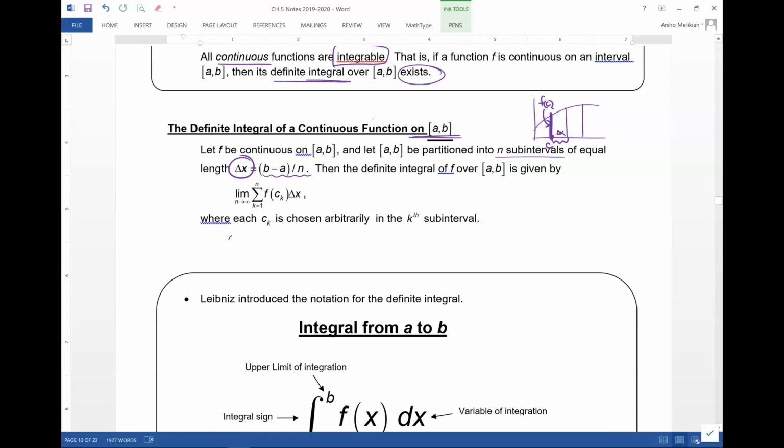So the area of that one rectangle is delta x times f of c. What's the area of the next rectangle? Delta x times f of c plus 1.